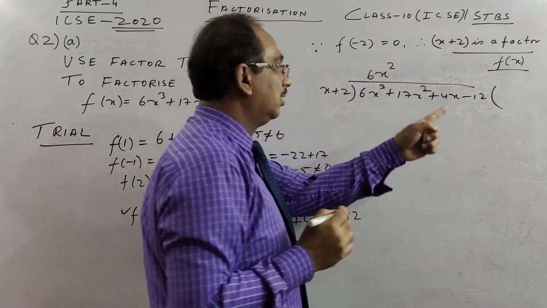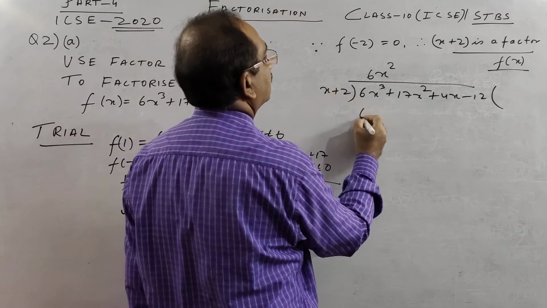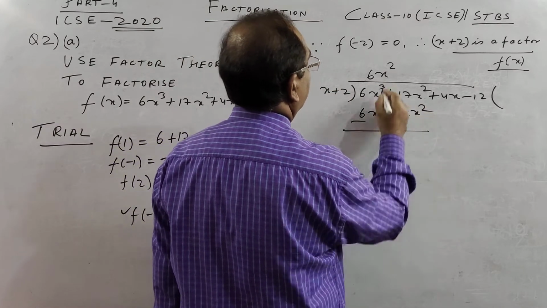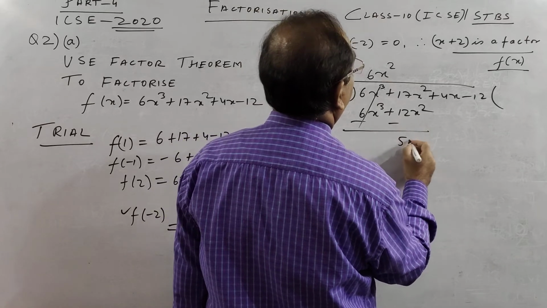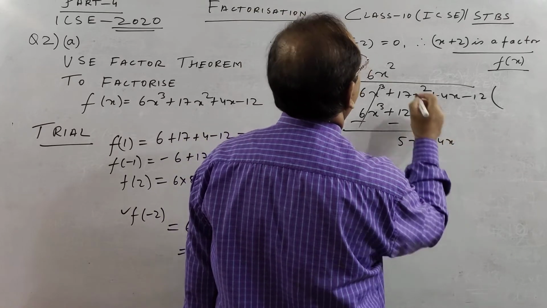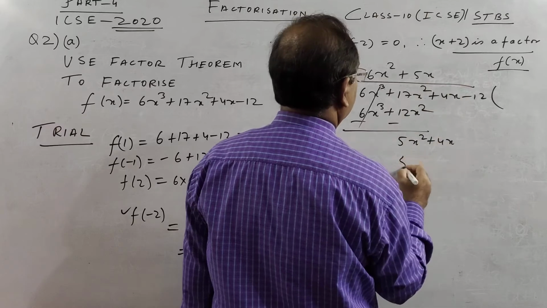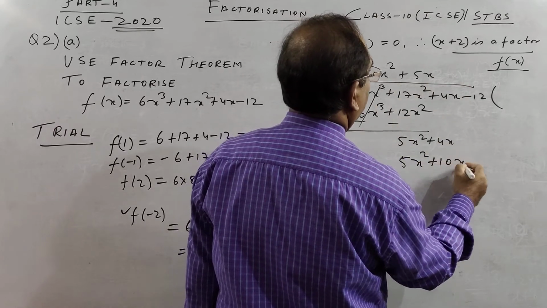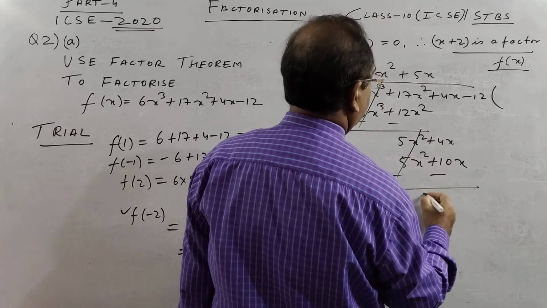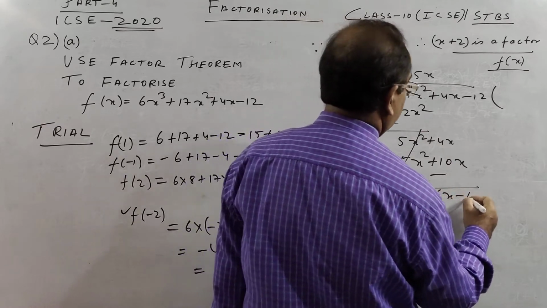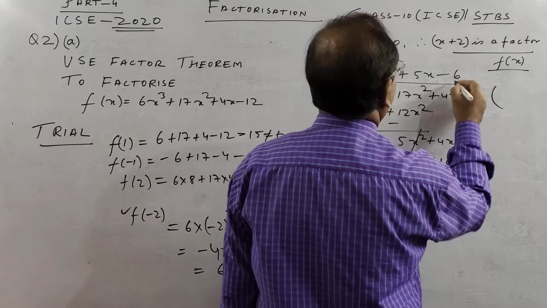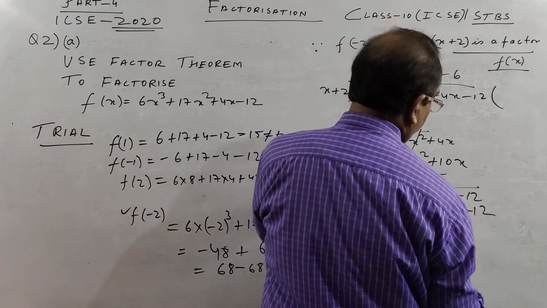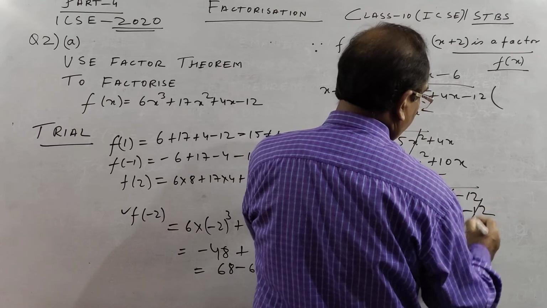I'm writing up. 6x square into x is 6x cube plus 6 2s are 12x square. We subtract, we get 5x square plus 4x. So we do 5x square plus 10x. We subtract, we get minus 6x minus 12. So we do minus 6. So the more you practice, the faster you will be able to do.